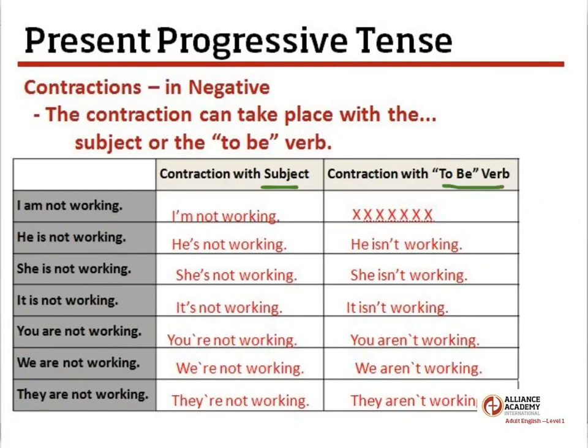And it's really your decision where you do the contraction, but they're both available for you, except for I. In I, you cannot use the contraction with the to be verb. You only have one option for I, and that would be I'm not working. But the others both work fine. You can say he's not working or he isn't working, and so on.